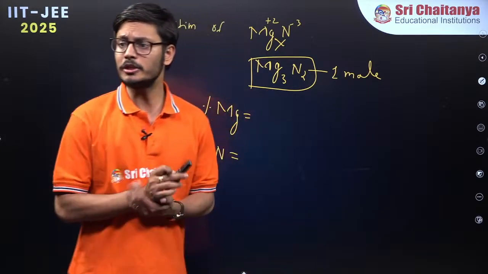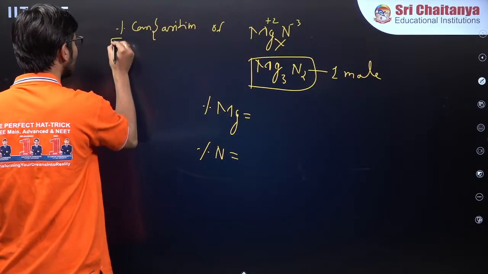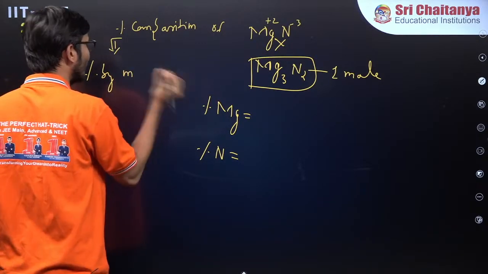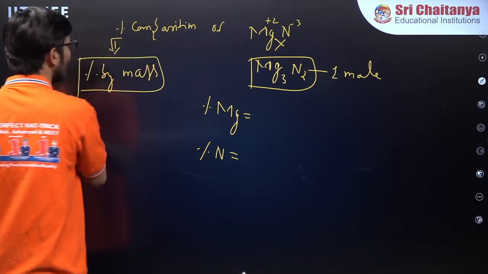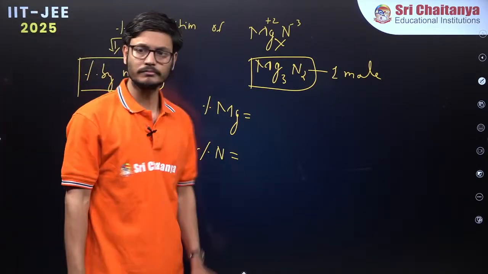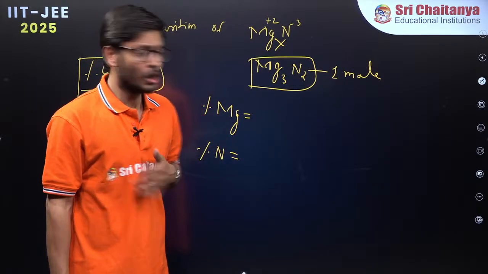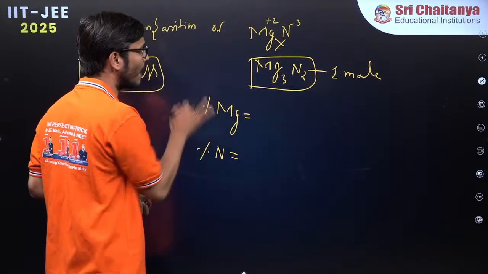Now, percentage composition is percentage by mass, not by volume, not by anything else. So what is percentage by mass? Total mass of the compound. Let us say I want to measure the percentage of magnesium.